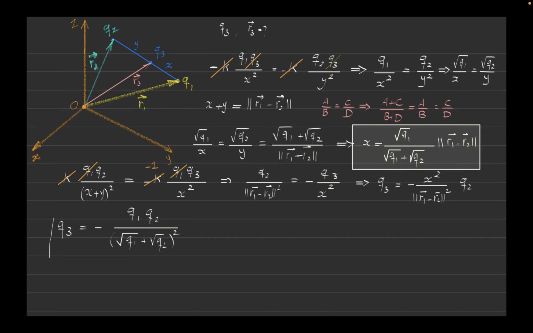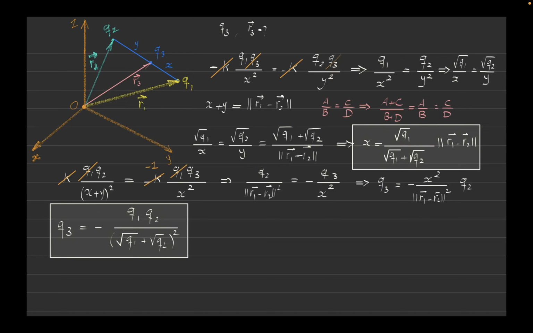That's very good. So we were able to find the magnitude of this charge. This is the value of the charge q3, and you see that the minus sign indicates that q3 should be negative. Okay, but now I need to find the location of r3.